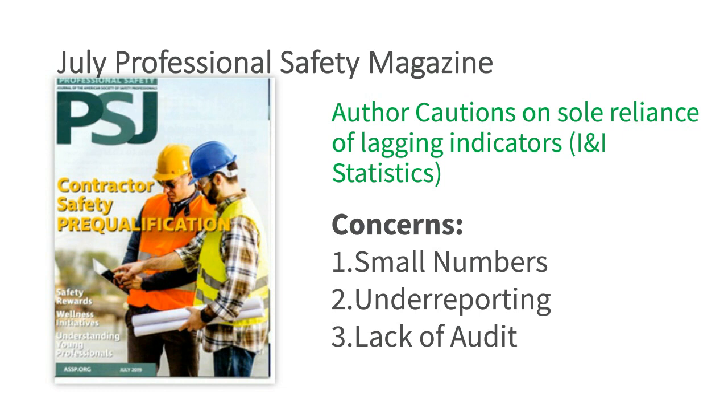And then there's the inability, or unwillingness, to audit that data, or not being able to look at their injury illness data at a granular level and say, are we really looking at correct reporting?